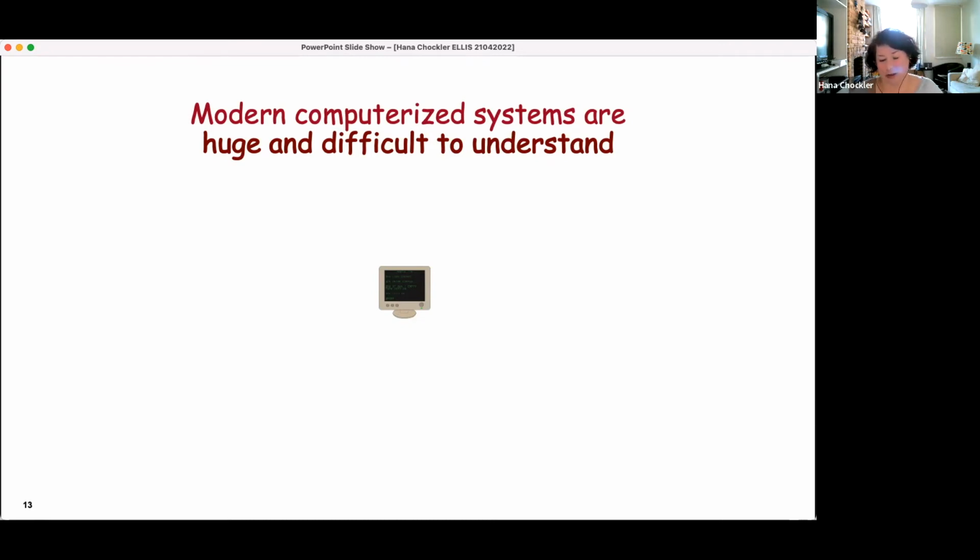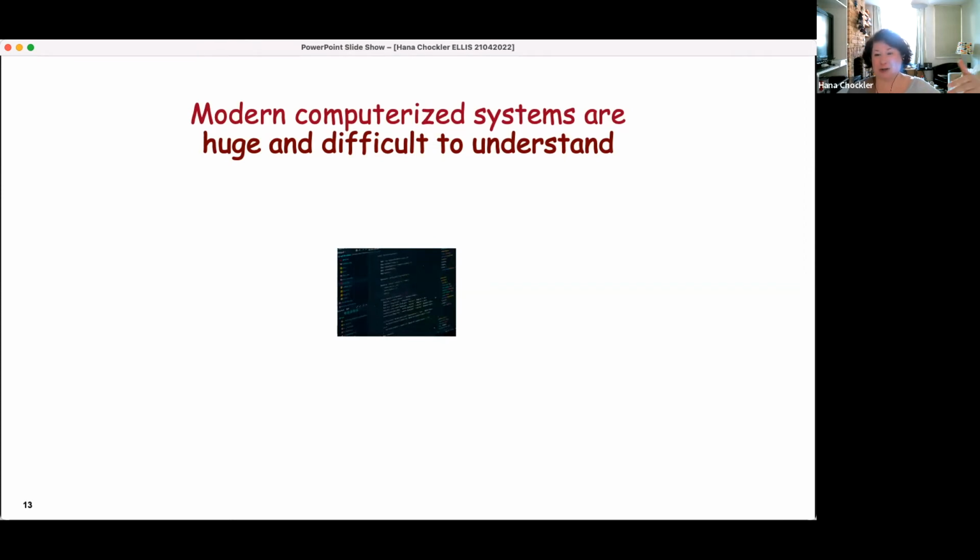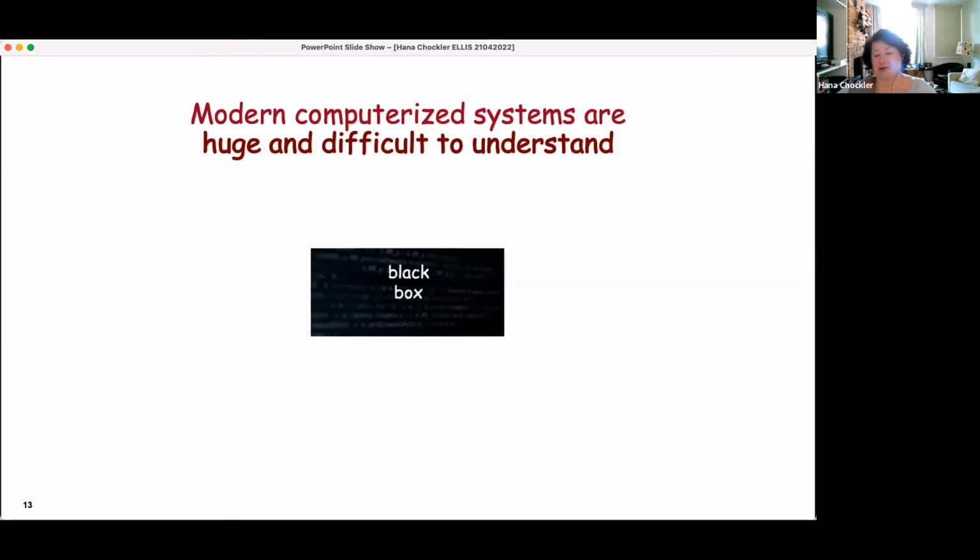The code for Apollo 11 to land on the moon, in 1962, was about 40K lines of code, whereas now the code of Facebook is 62 million lines of code, modern cars run hundreds of millions of lines of code, and the code base of Google is, I think, 2 billion lines. So the systems become bigger and bigger, and the bigger they become, the closer they effectively become to black boxes.